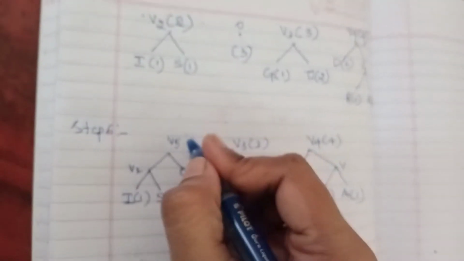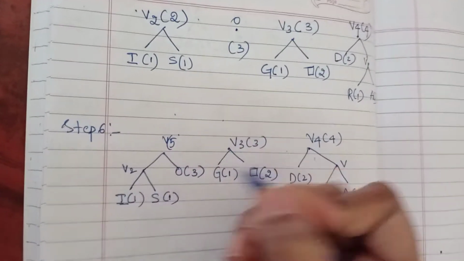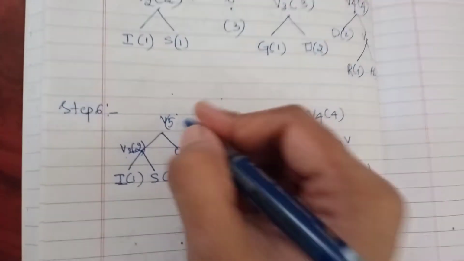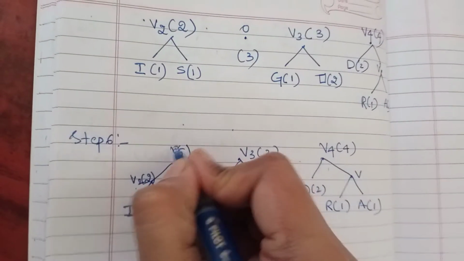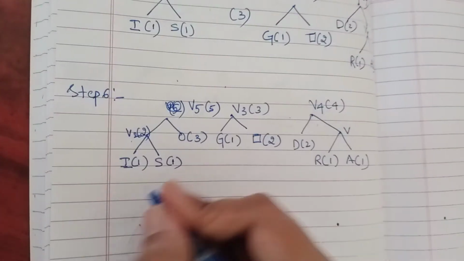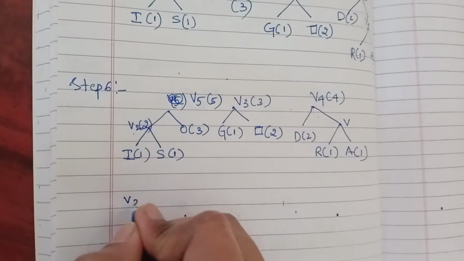So check now, is it in an ascending order? One second, what is V2 value? It is 2. Okay, 3 plus 2 is 5. So it is again a V5 of 5. Okay, so it is not in an ascending order. So arrange them in an ascending order. So V3 comes first.